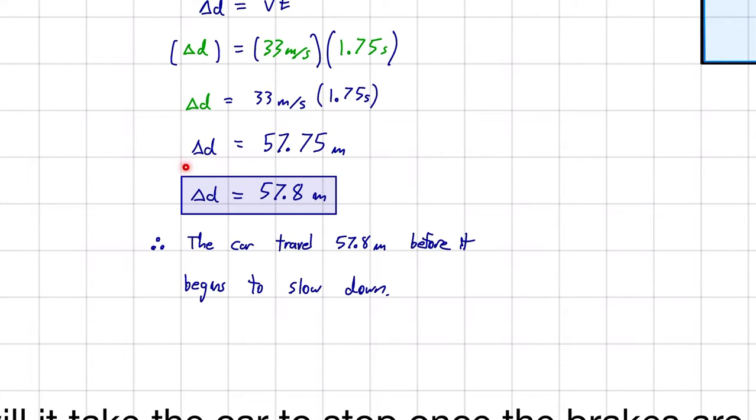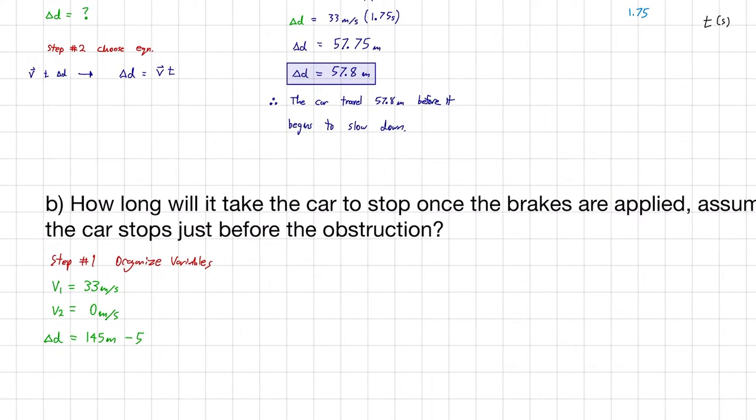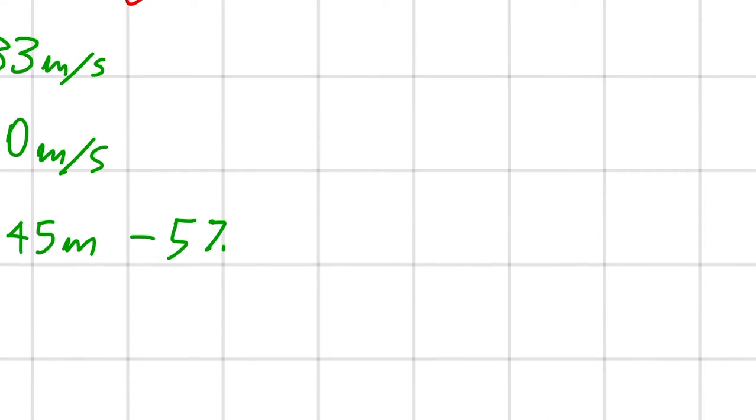And because we want our answer to be accurate, we're going to use these extra decimal points and not the rounded answer. So we're going to use the actual distance that the car traveled before the brakes are applied. So minus 57.75 meters. When we type that into our calculator, we get a distance of 87.25 meters.